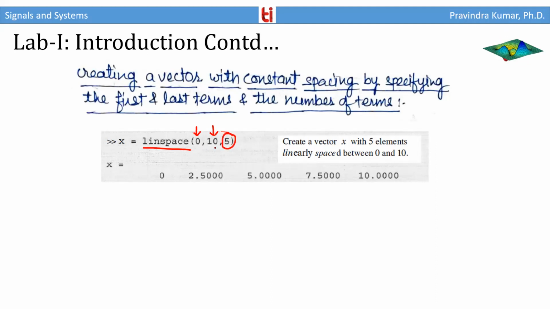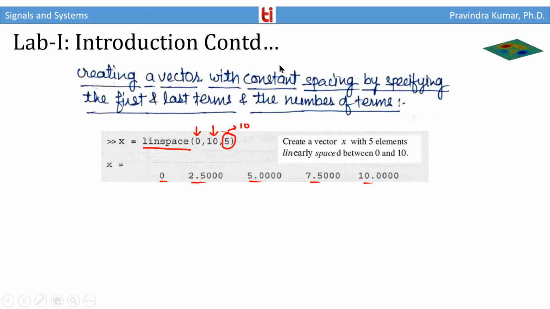So it will divide 0 to 10 into 5 equally spaced terms. It will automatically generate 5 terms: 0, 2.5, 5, 7.5, 10. If you write 10 as the number of terms, it will give you 10 terms, or 15 terms, however many terms you want between two numbers.